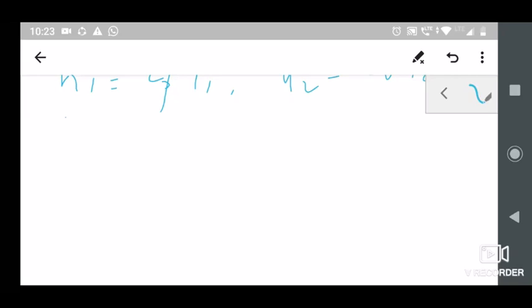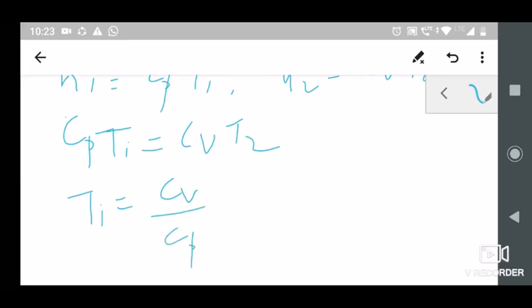So here hi is equal to u2, so that cp Ti is equal to cv T2. From this we get Ti can be written as Cv by Cp into T2. So this can be written as 1 by gamma into T2.